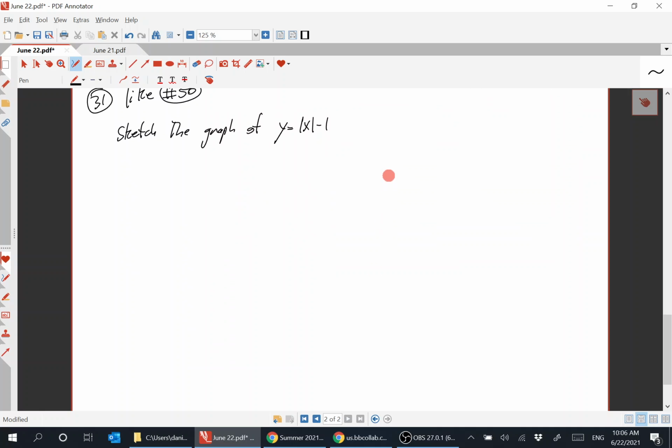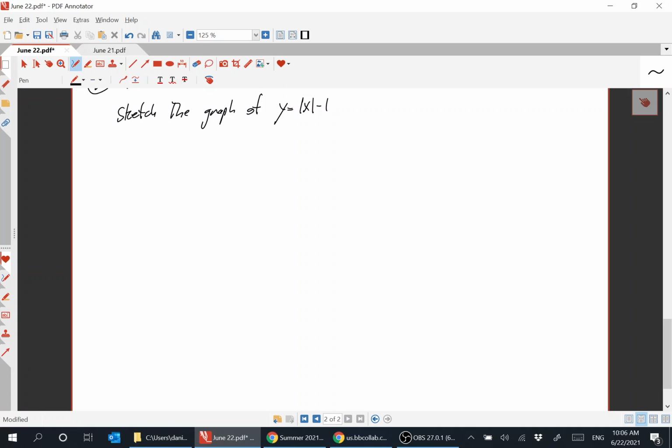First of all, the standard function in mind here is y equals the absolute value of x. First, y equals absolute value of x is equal to what? Well, how's that absolute value function defined? It's a piecewise function. And what's that piecewise function look like?